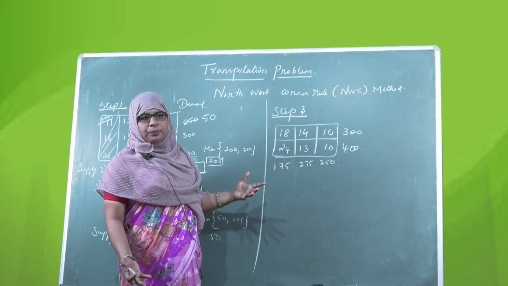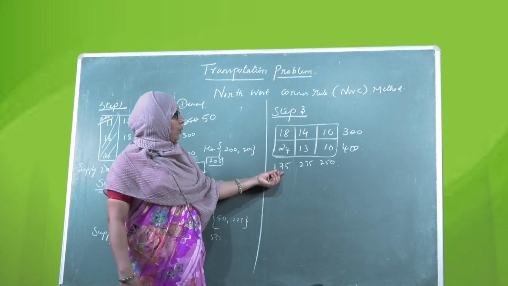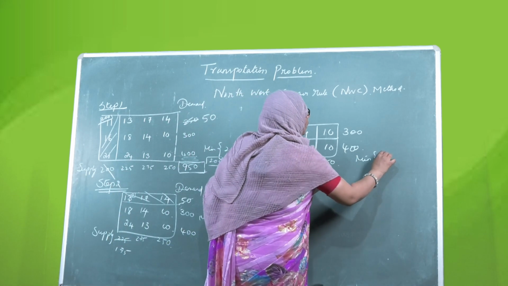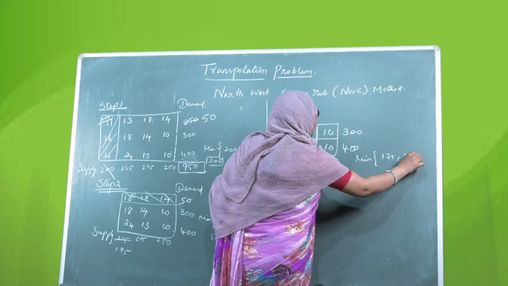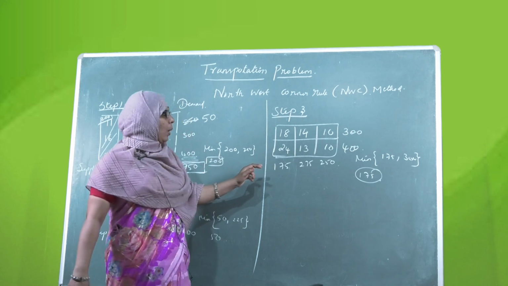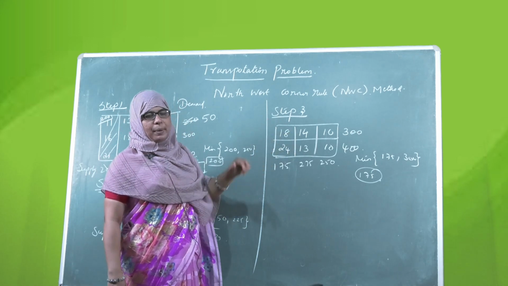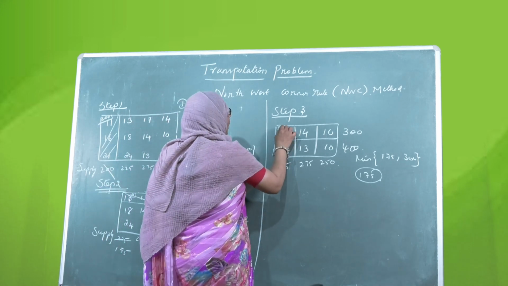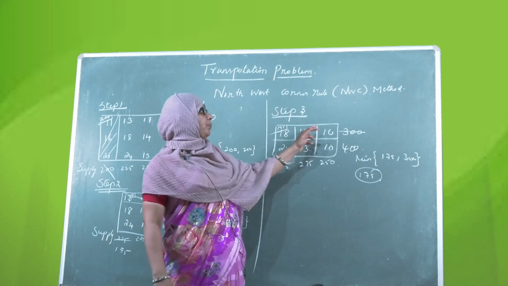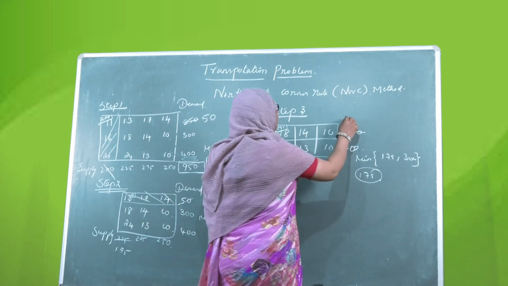Which one is the minimum? Obviously 175 is the minimum, so we allocate 175 in the northwest corner element. Next, subtract the row element 300 minus 175. What is the answer?